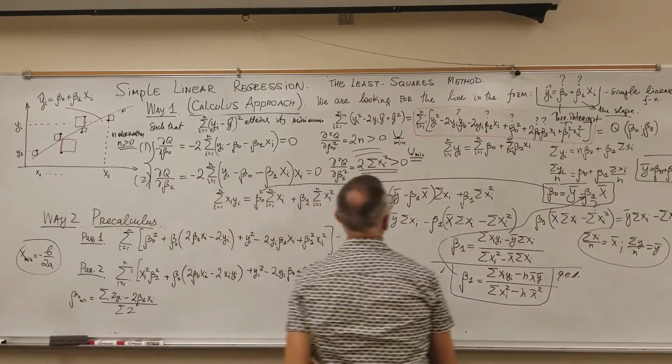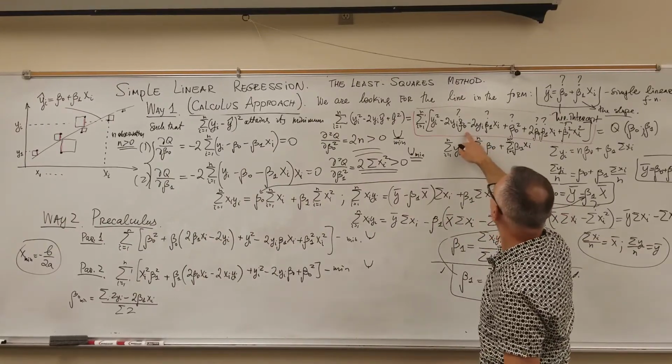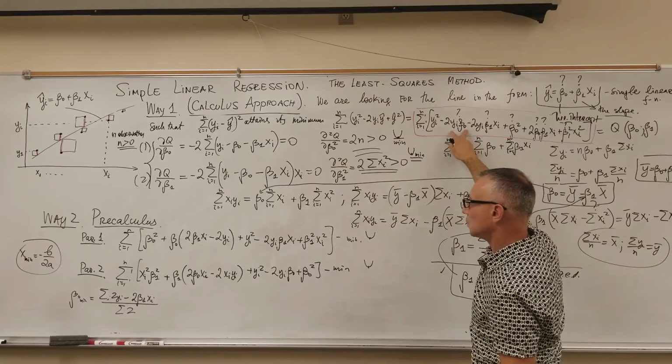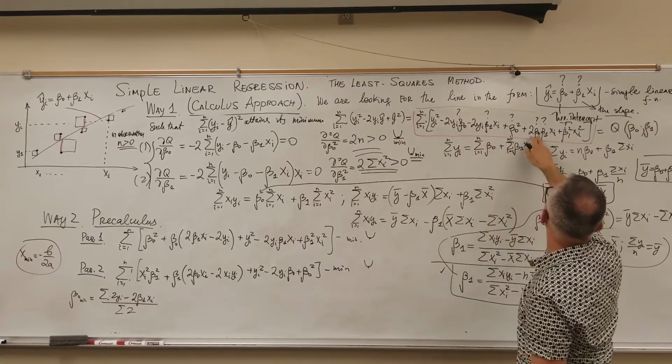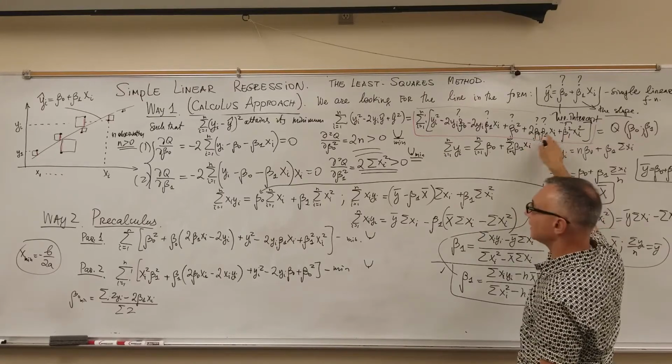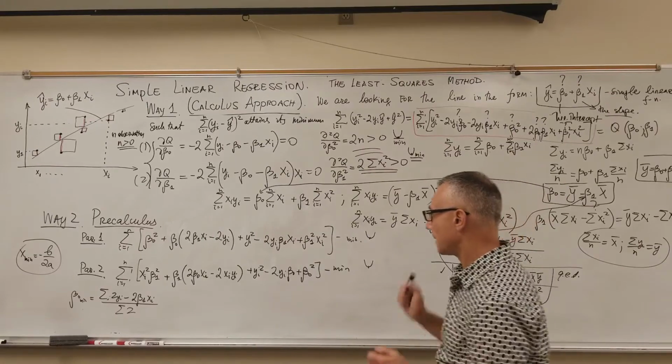Let me check again this beta 0 term. When I collect beta 0, minus 2y, and I collect beta 0 here, 2 beta 1 xi. Okay.